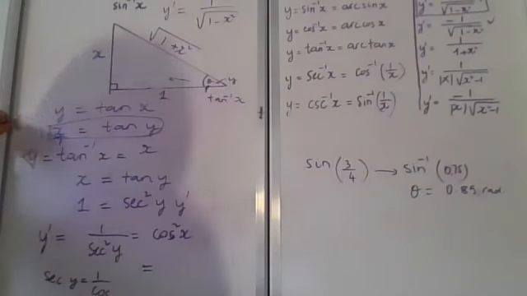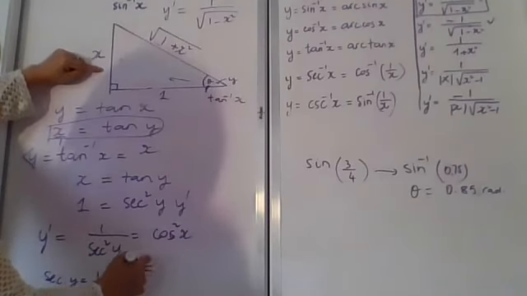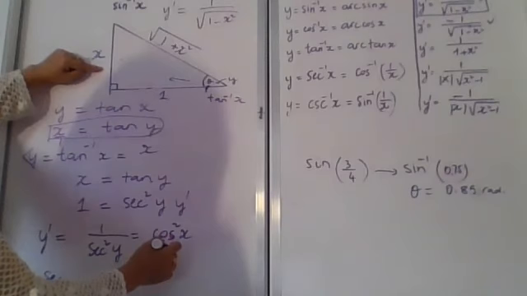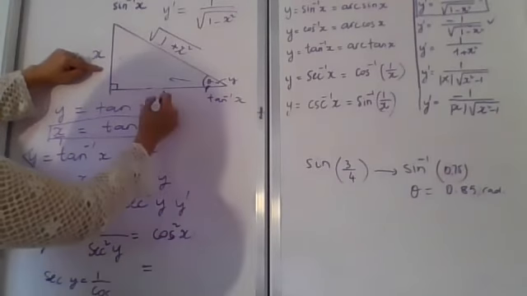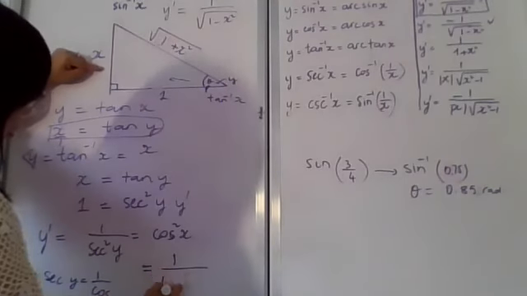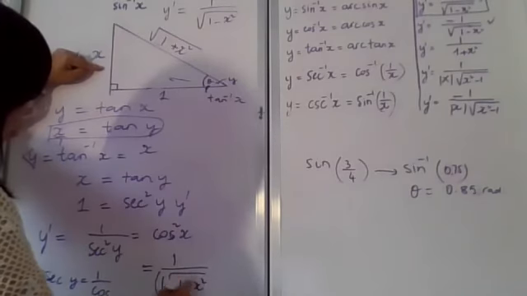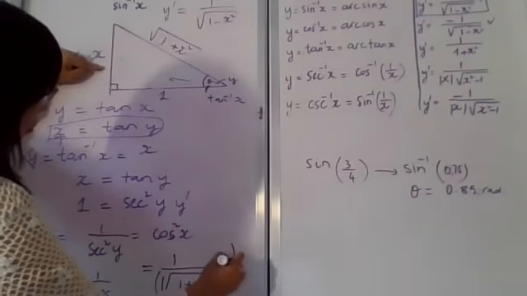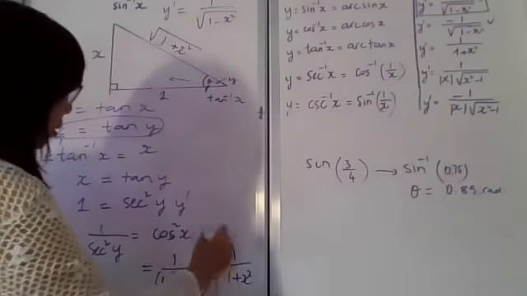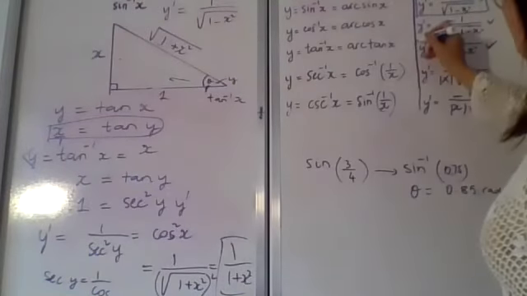And what is cos squared y? Cos squared y is 1 over the hypotenuse, which is this one, but you square it, so it becomes 1 over 1 plus x squared. And therefore, it proves this formula, right?